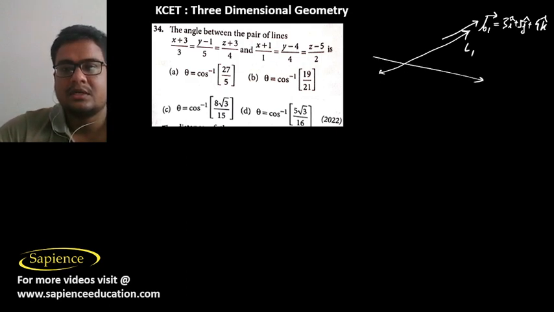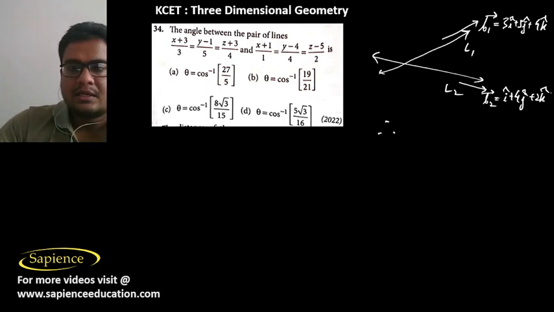Another line L2 has b2 vector parallel to it, with direction ratios 1, 4, 2. So b2 vector is i cap plus 4j cap plus 2k cap.